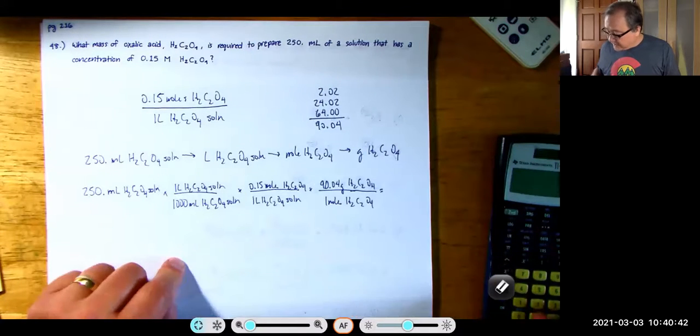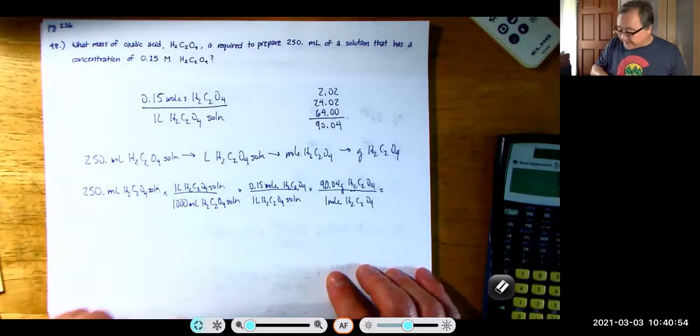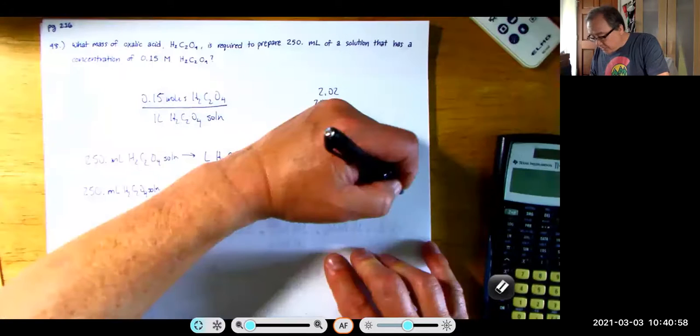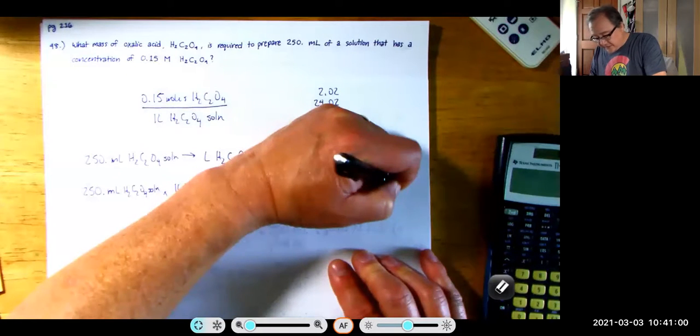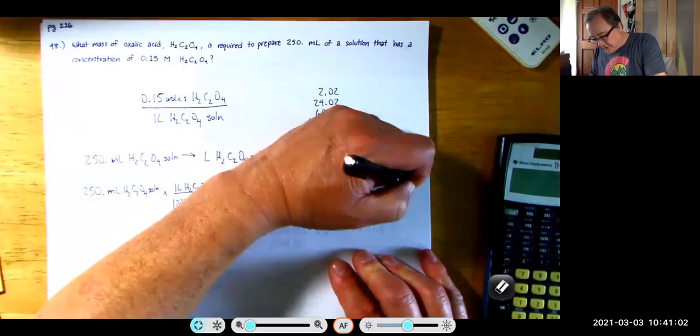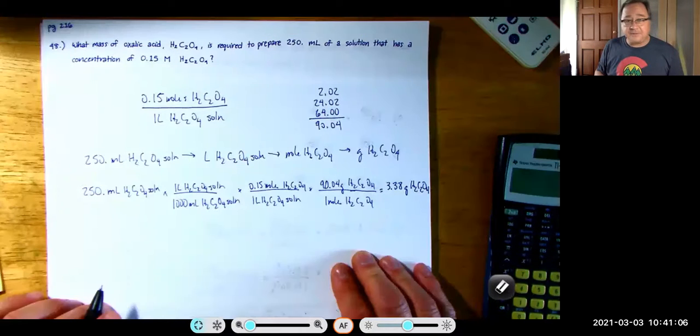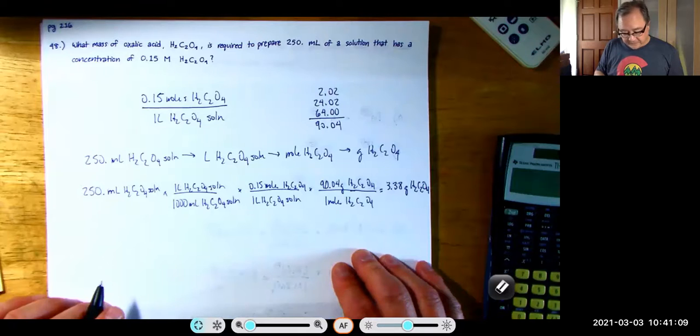Turn on my calculator. 250 times 0.15 times 90.04 divided by 1,000. And I get 3.376. With 3 significant figures, it's 3.38 grams of H2C2O4. So what was my ish?